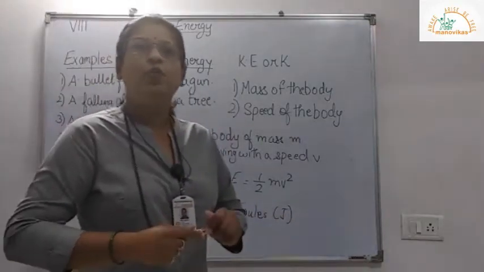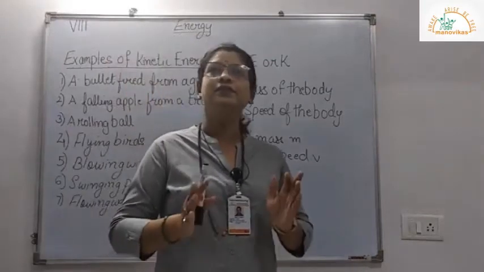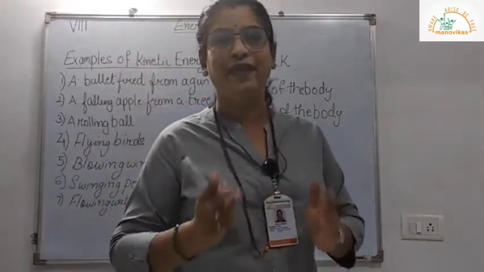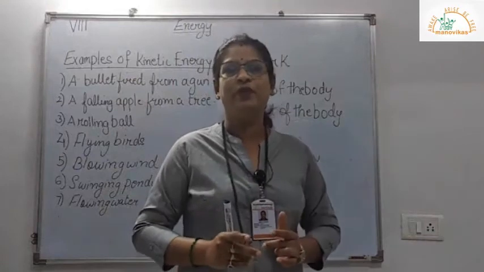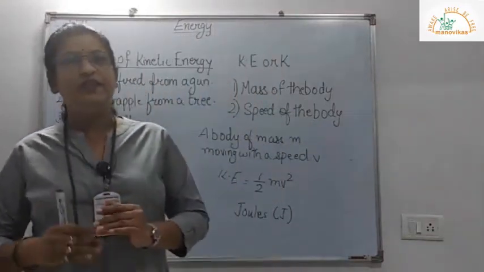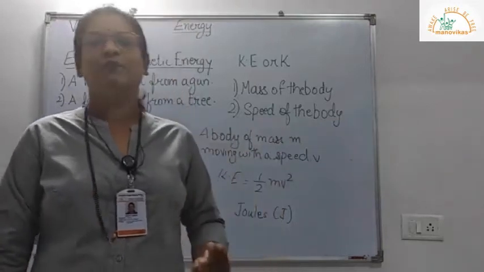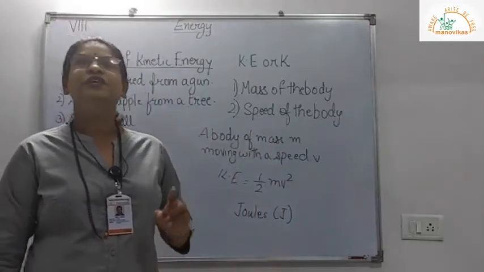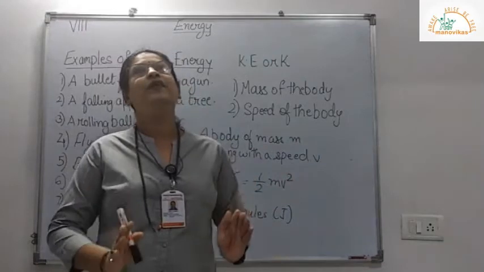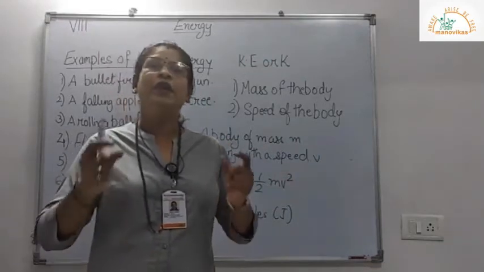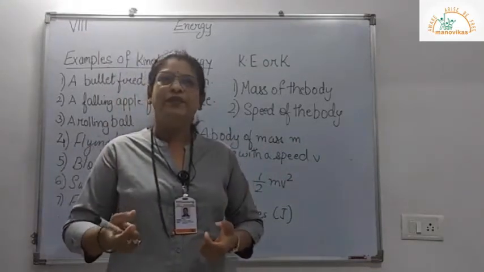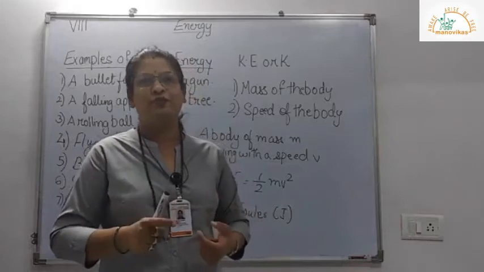Now further we see the dependence of kinetic energy on speed. To understand the dependence of kinetic energy on speed, we take two examples over here. In the first example, we take a carom board and we place the coins in the middle of the carom board.